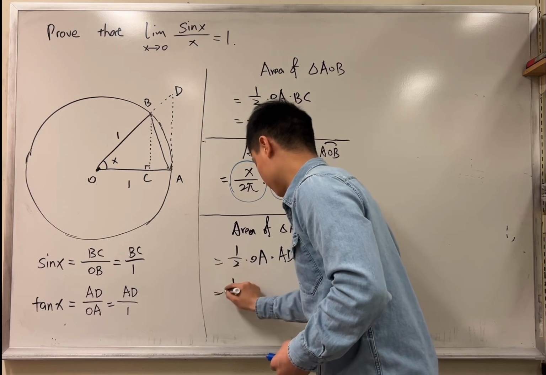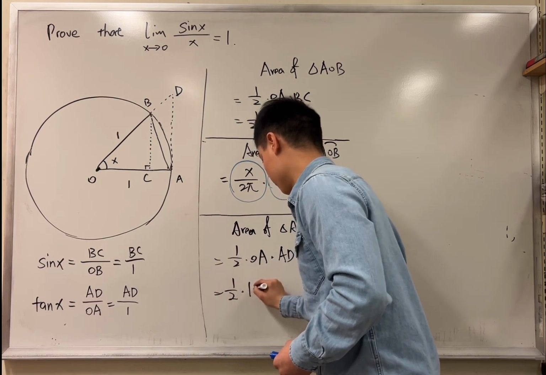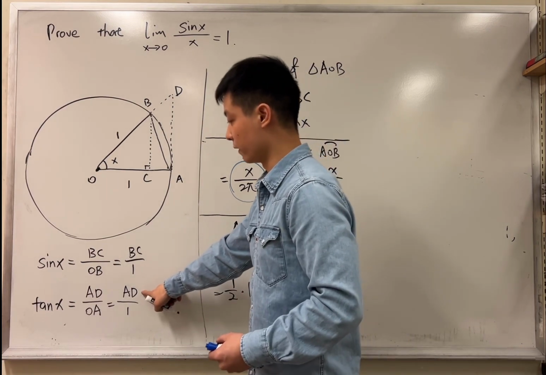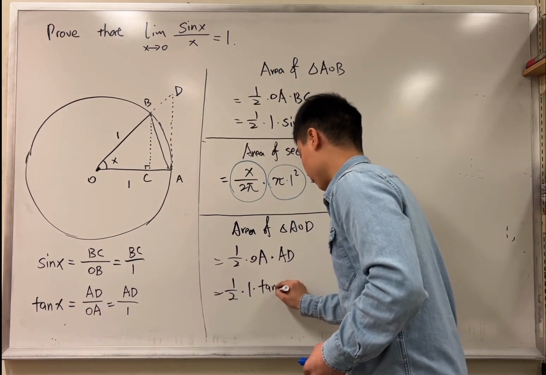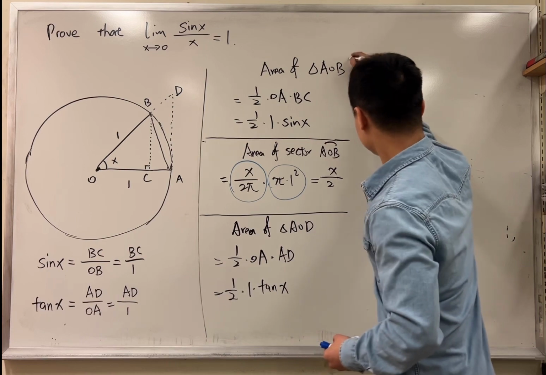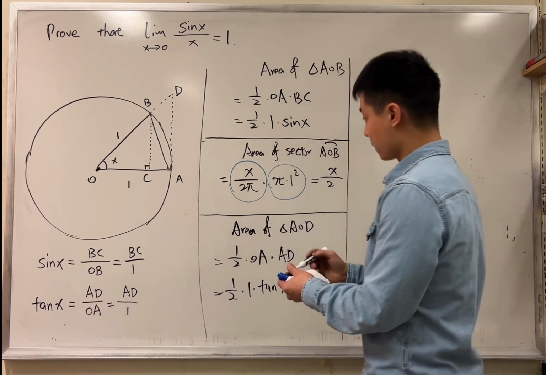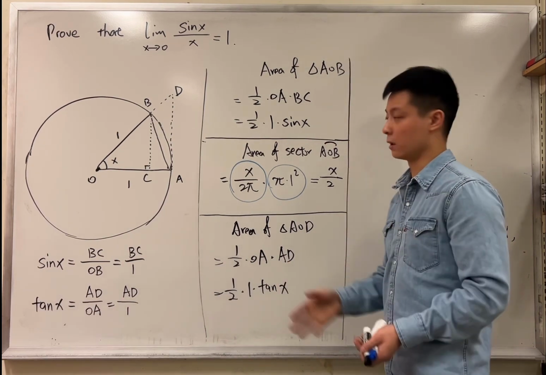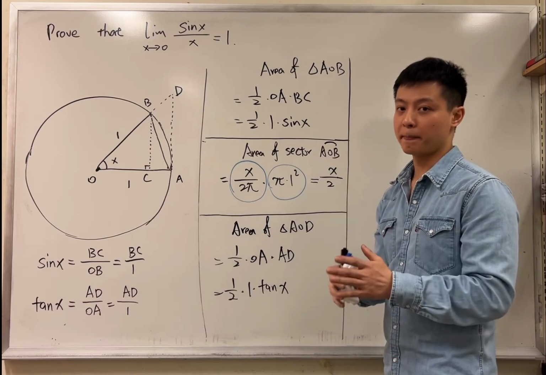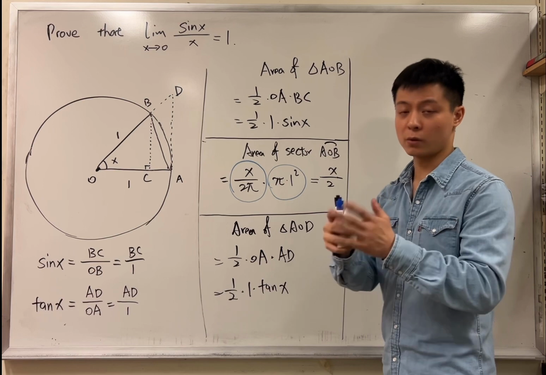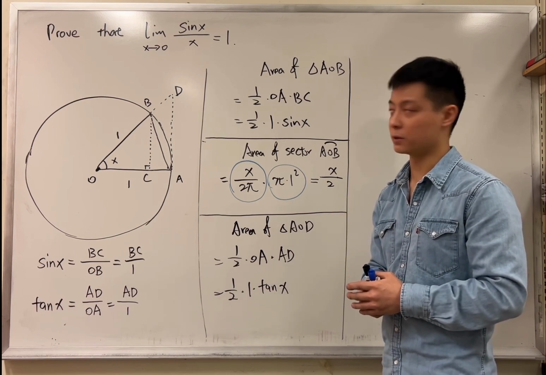We know OA equals 1, and AD has been previously calculated as tangent x, so we have that. The reason why we calculate the area of these things is because we want to construct an inequality so that we can use the squeeze theorem later.